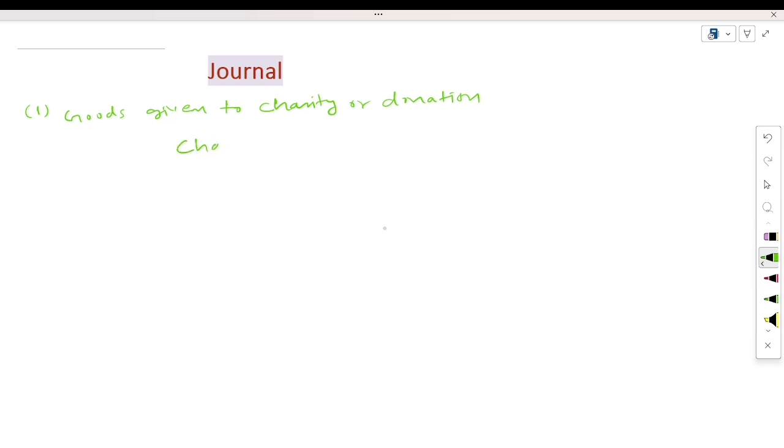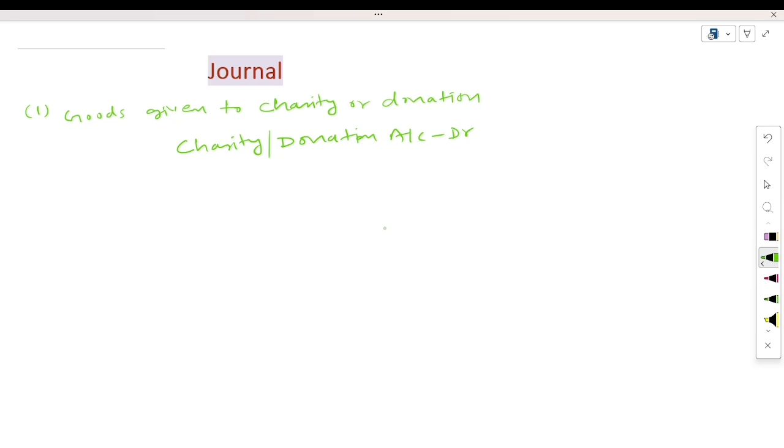So the charity or donation account will be debit here. You are giving goods, not cash. If you give cash as a charity or donation, then cash goes out, so your cash account will be credit. Here you are giving goods, not cash.